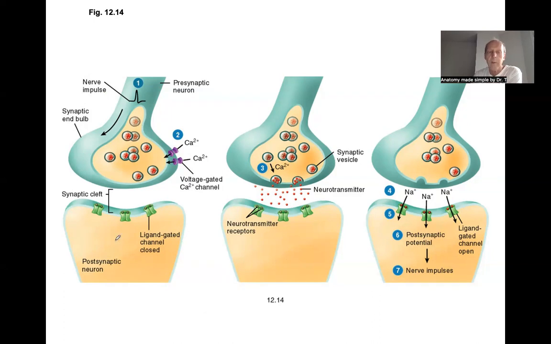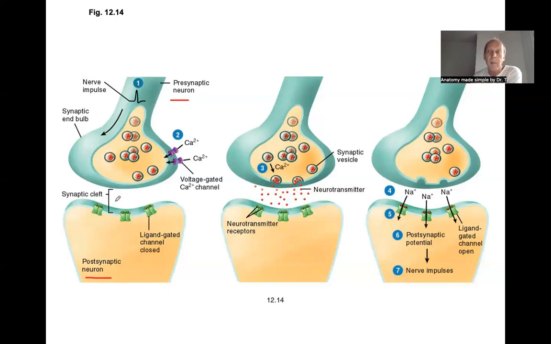And we have here two neurons, one with its axon end, the synaptic end bulb, that is the presynaptic neuron. And at the lower part of the screen, we have another neuron diligently waiting for something to happen to it, and that is the postsynaptic neuron. As you can see, there is a tiny gap, which is called the synaptic cleft.